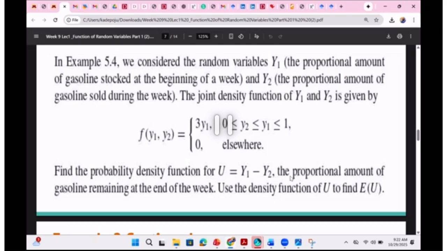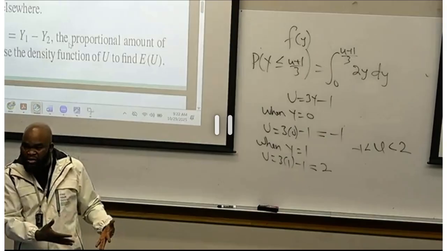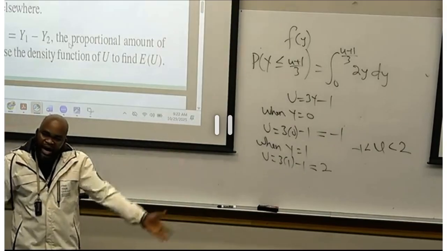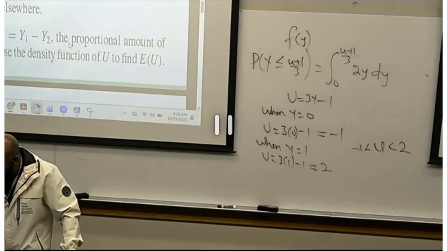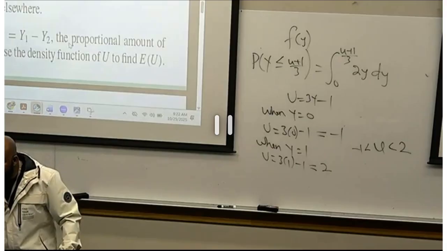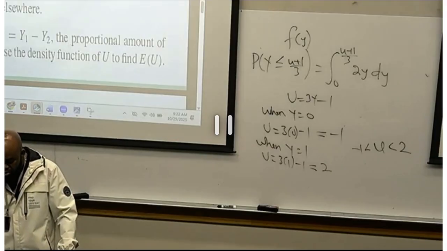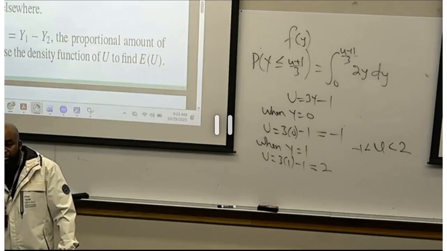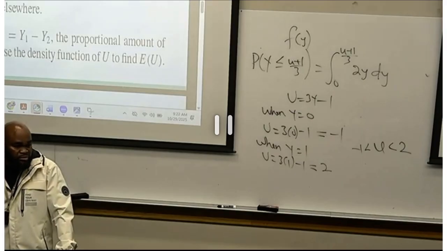Of course, when I subtract what was sold from what I stock in the beginning of the week, then I'm talking about the outstanding. The outstanding is u. That very u is a random variable. Why is u a random variable? Because y1 is a random variable, y2 is a random variable.